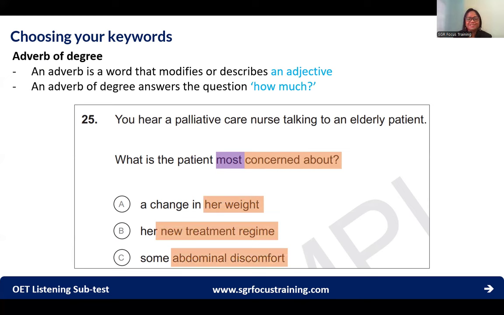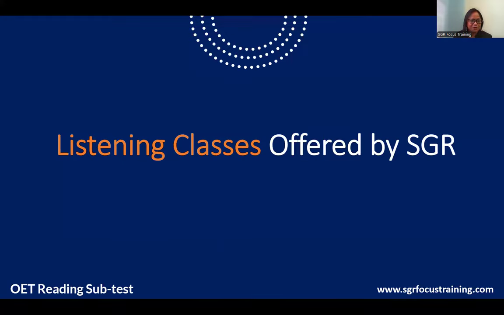To her. Is it her weight, her new treatment regime, or her abdominal discomfort? So all of these grammar can help you identify and choose quickly and correctly what is the best answer option out there, okay?